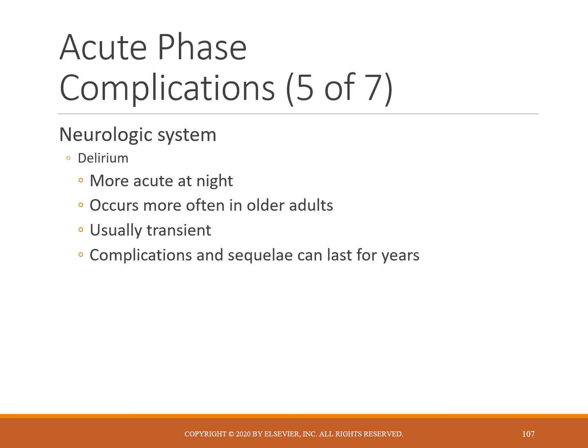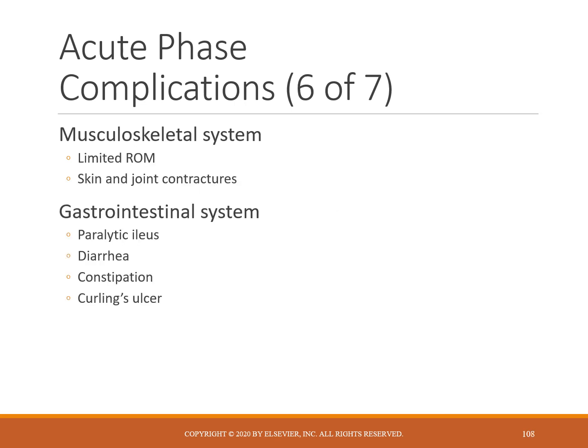So if they have that, we want to make sure that we put them close to the nurse station, we reorient them, and this can last for years. This can be a sequelae of the burn injury. Now, musculoskeletal, they have very limited ROM, and that's a complication. So it's very important for us to perform passive ROM or active ROM, whatever is best for your patient, because it really helps for the circulation.